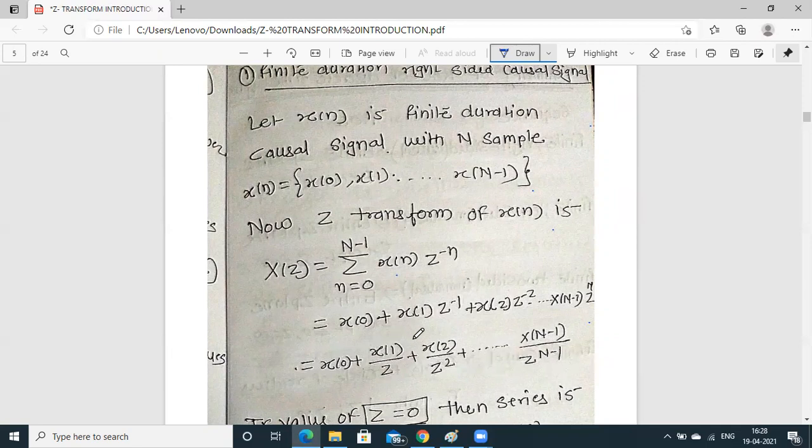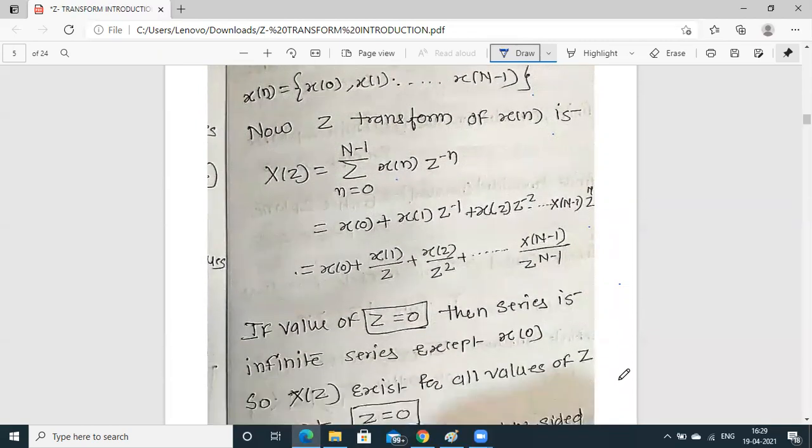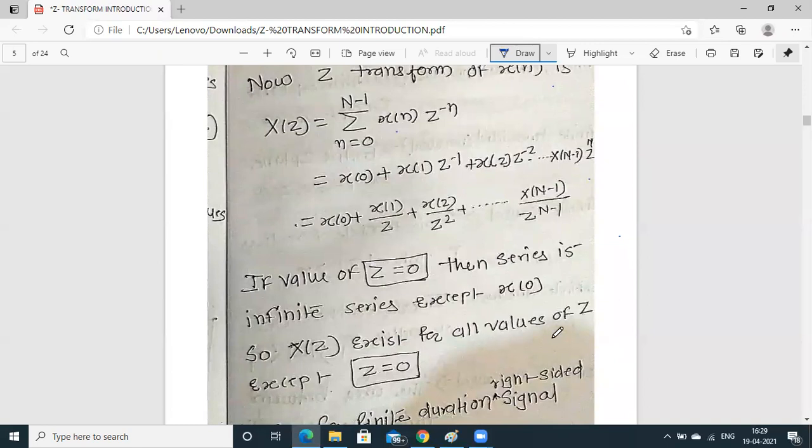But we want finite values of X of z to find out the ROC. So if we put 0 here, we will get infinity. So except for z equal to 0, the region of convergence exists for all the values of z.